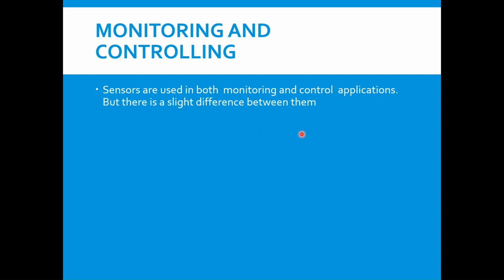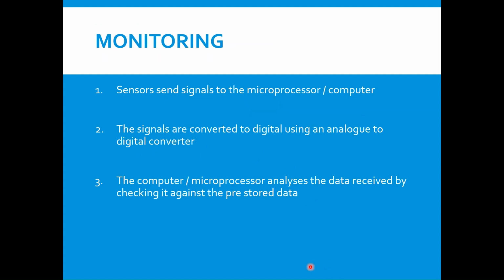Sensors are used in both monitoring and control applications, but there is a slight difference between them. The difference is how they are using. Let's look at it. This is the monitoring process. Sensors send signal to the microprocessor or computer. The signals are converted to digital using an analog to digital converter.